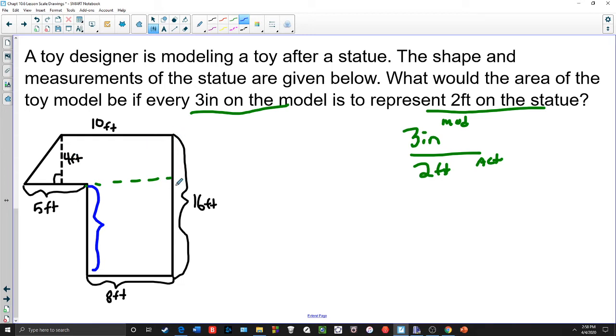So 16 minus 4, everything minus the 4 feet up here would give me 12 feet. So this rectangle would be 8 times 12, that would give me 96 feet squared, because it is area, so it's square feet.